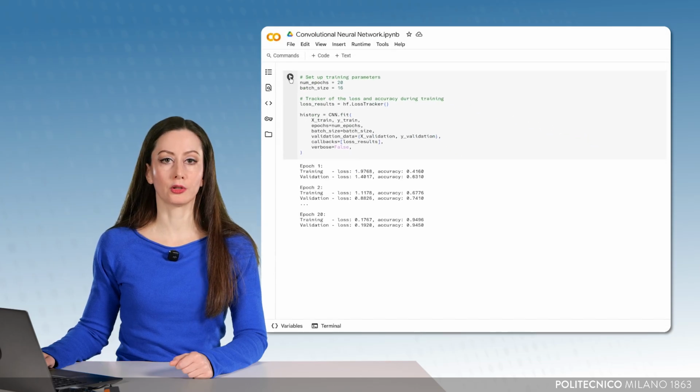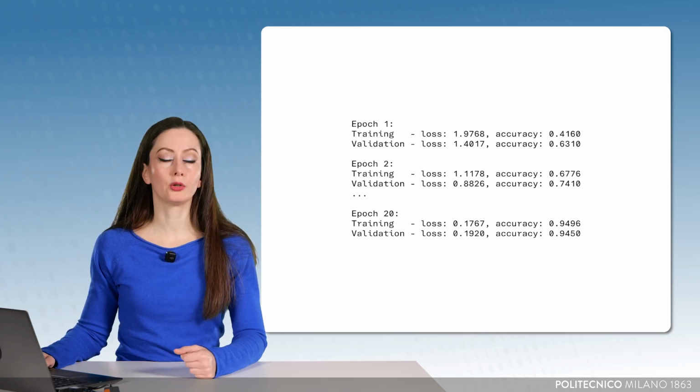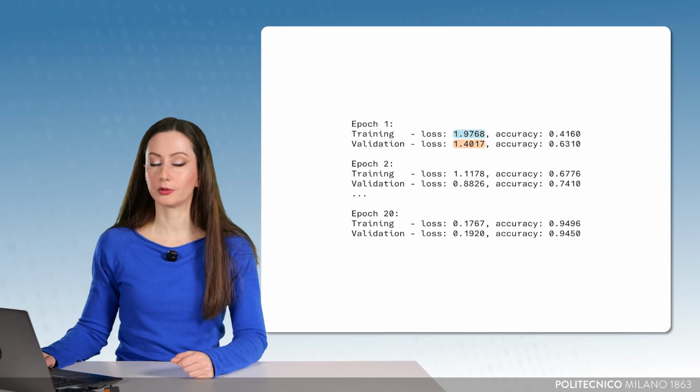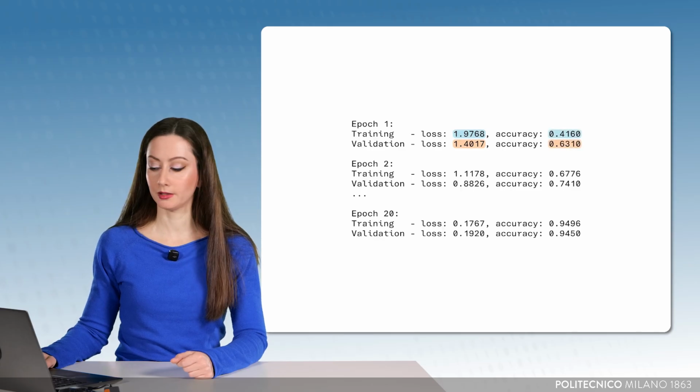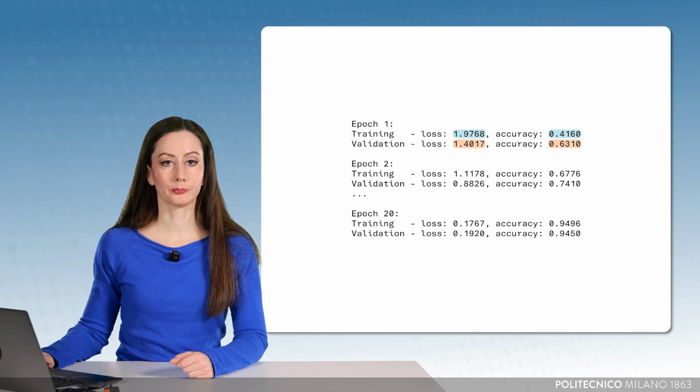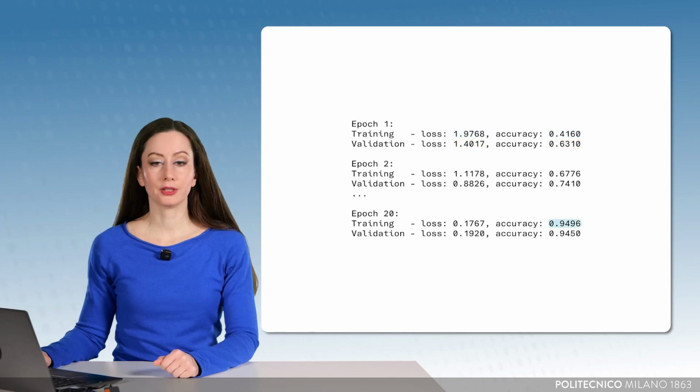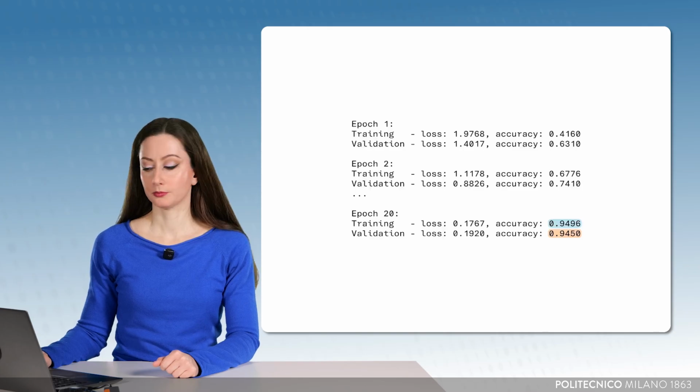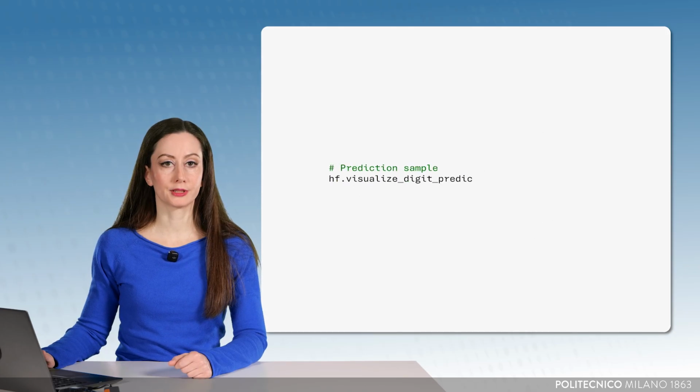And here is the output of the code. At each epoch, the code displays the loss value both on the training and validation dataset and the accuracy metric. And by the final iteration, we can see that the model reaches a very satisfactory performance, an accuracy of about 94% on both datasets.